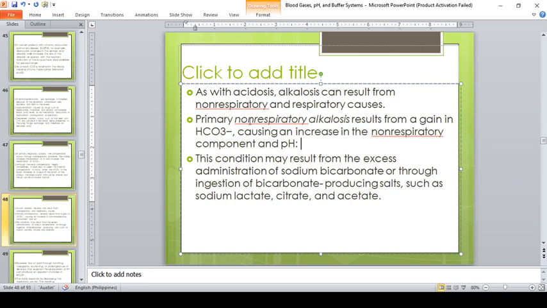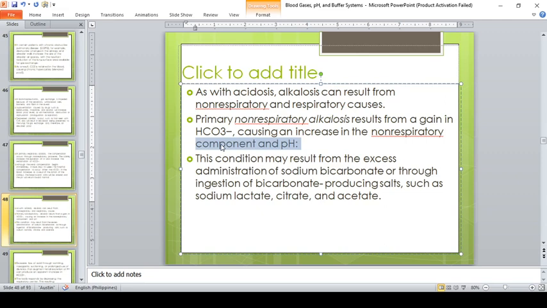In non-respiratory alkalosis naman, it results from the gain of bicarbonate. So, maraming bicarbonate, kaya nagiging alkalosis, causing an increase in the non-respiratory component and pH. So tumataas yung pH pero mababa yung acidity. Mababa ang hydrogen ion concentration.